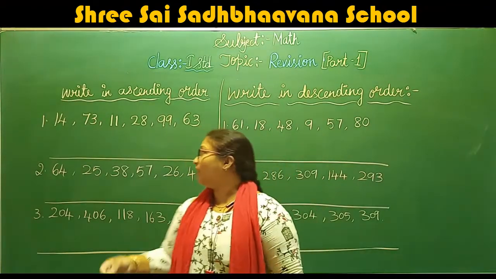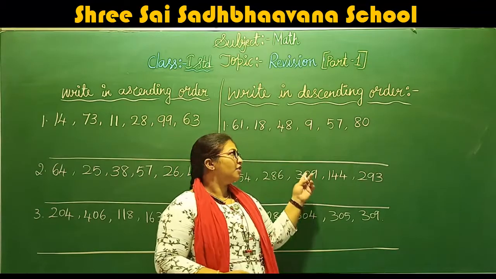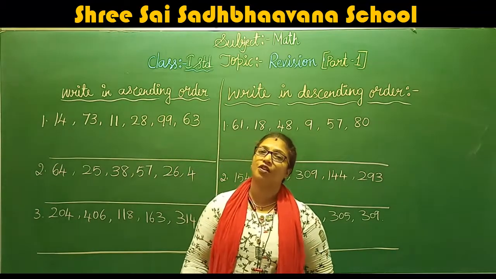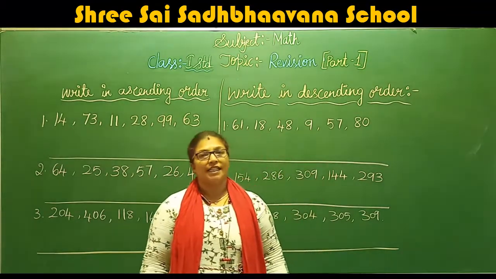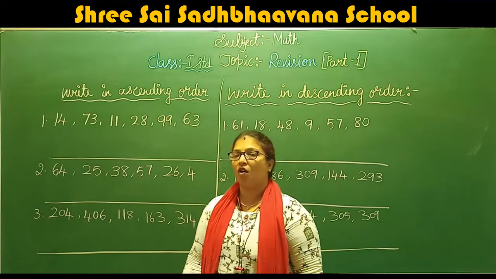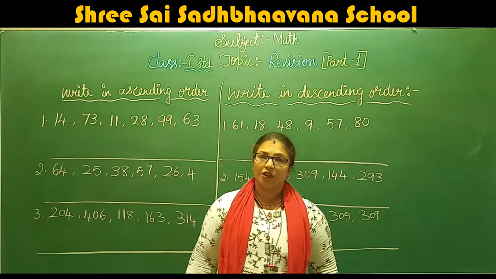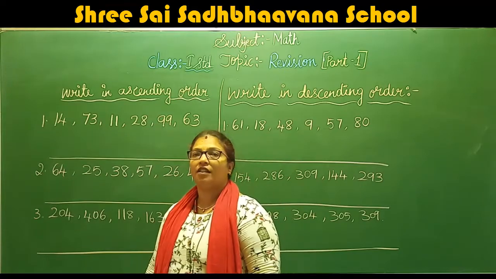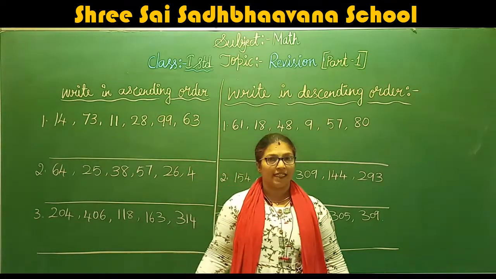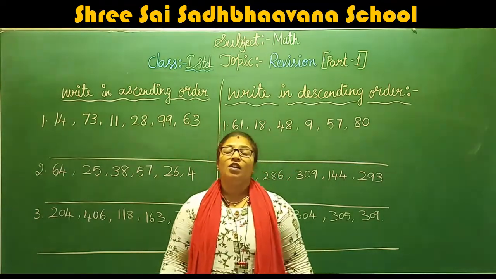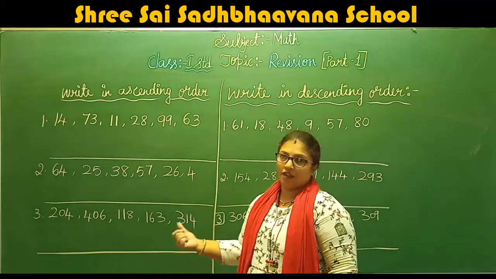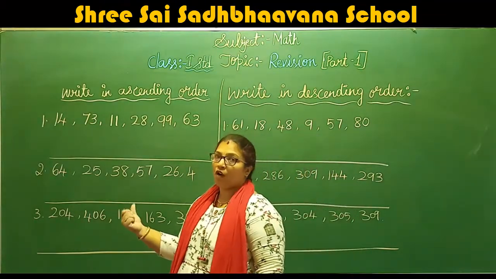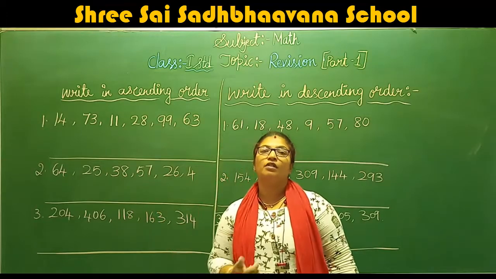So children, next we are going to learn ascending and descending order. How will you write this ascending and descending order? What do you mean by ascending and descending order? Ascending order is nothing but smaller number to bigger number.